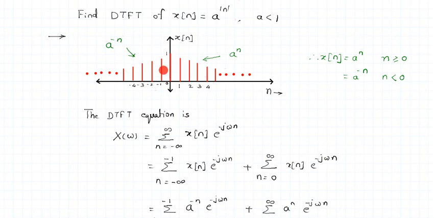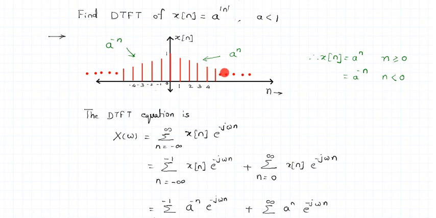So to make it a raised to n, we need to take a minus sign, because if we put a minus 1 value, it should result in a raised to plus 1 value. If you put a minus 2 value, it should result in a raised to plus 2, right? And therefore, now we have a clear distinction of the representative equations of the given signal x[n] for the positive values of n and for the negative values of n.